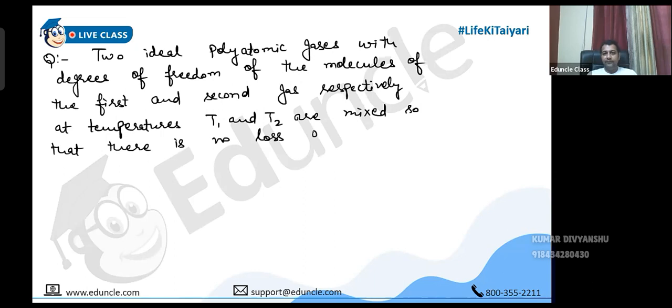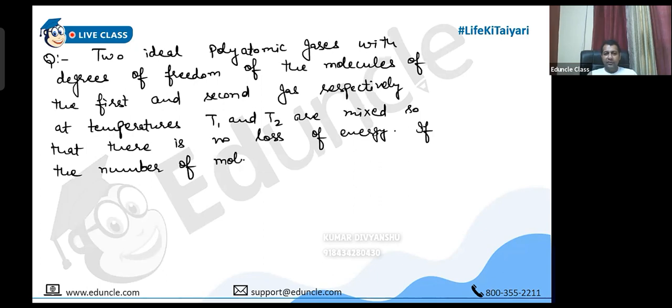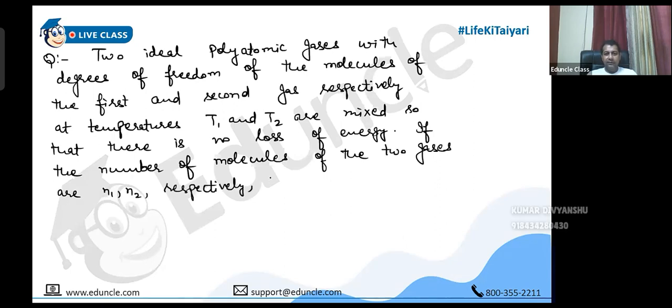If the numbers of molecules, no need to write mass now because it is dependent on the number of molecules, of the two gases are N1 and N2 respectively, find the temperature of the mixture.